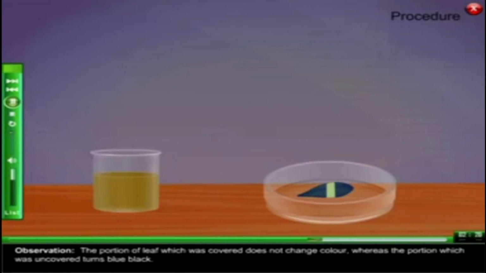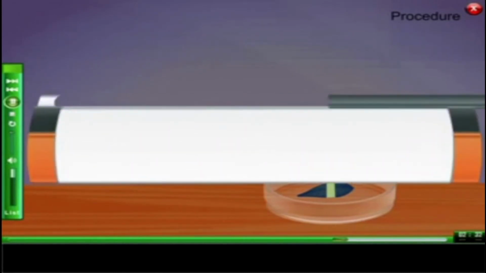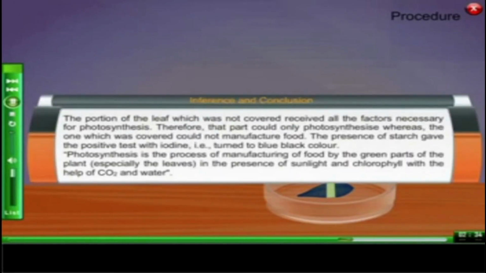Observation: the portion of the leaf which was covered does not change color, whereas the portion which was uncovered turns blue-black. Inference and conclusion: the portion of the leaf which was not covered received all the factors necessary for photosynthesis.